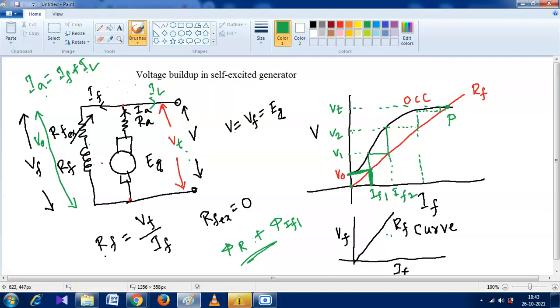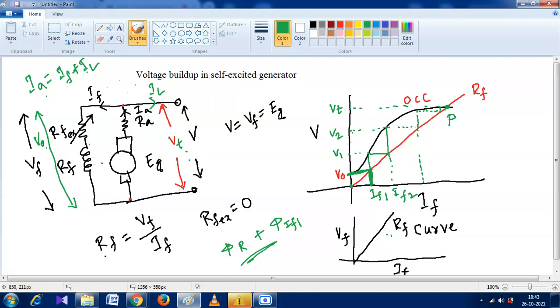If these two fluxes are additive, then the flux is now increased from the previous one. If the flux is increased, then the voltage in the armature also increases. बढ़ेगा कि नहीं? अगर फ्लक्स ज्यादा आया तो वोल्टेज ज्यादा होगा कि नहीं?